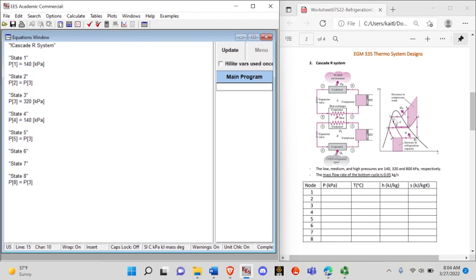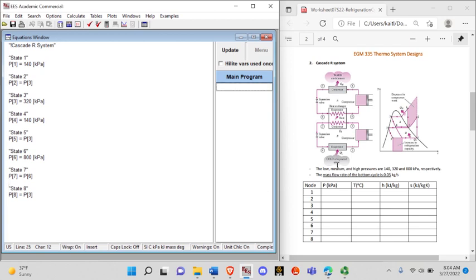Now when we go back to the high pressure, state 6 and 7 of the condenser have a constant pressure of 800 kilopascals. And now we have one thermophysical property value for every state, and we only need 2 to solve the rest of the thermophysical property values for every state.